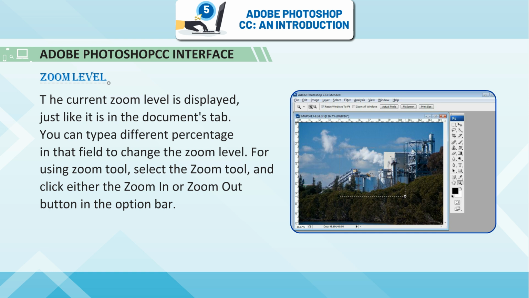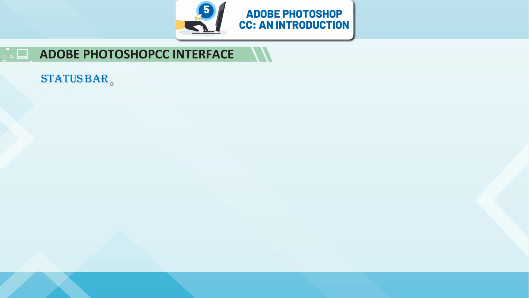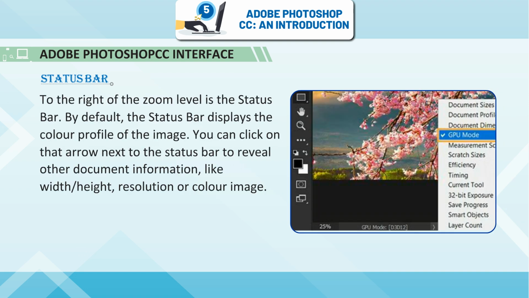You can type a different percentage in that field to change the zoom level. For using the Zoom tool, select the Zoom tool and click either the Zoom in or Zoom out button in the option bar. Status bar. To the right of the zoom level is the status bar. By default, the status bar displays the color profile of the image.